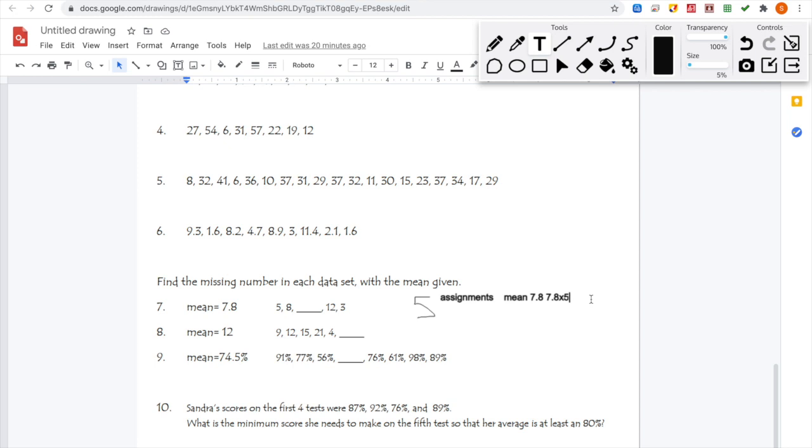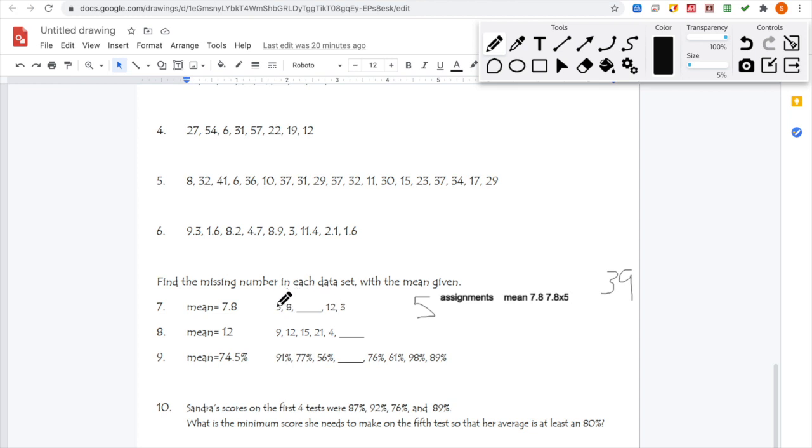And what that's going to give us is 39. So right now, we know that for these 5 assignments, we need to get a total of 39 points if we want to average a 7.8. So our next step is we're going to see how many points do we have right now.